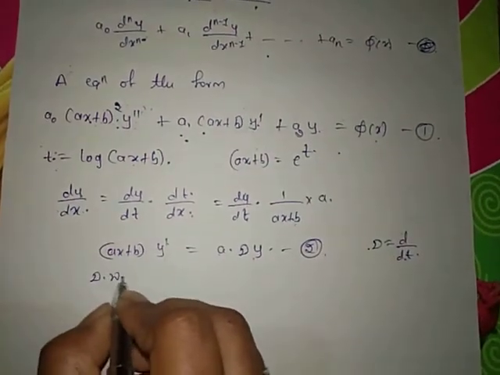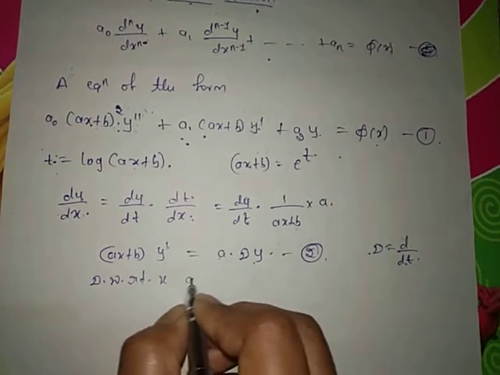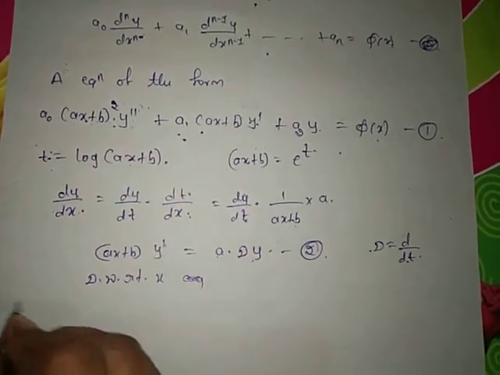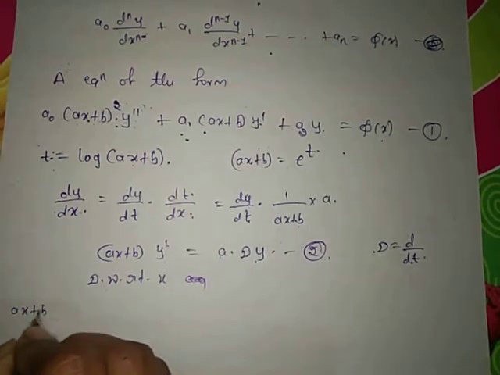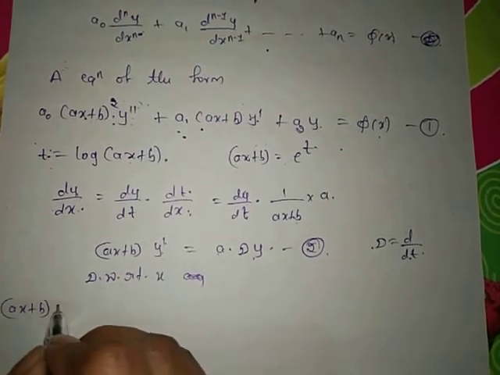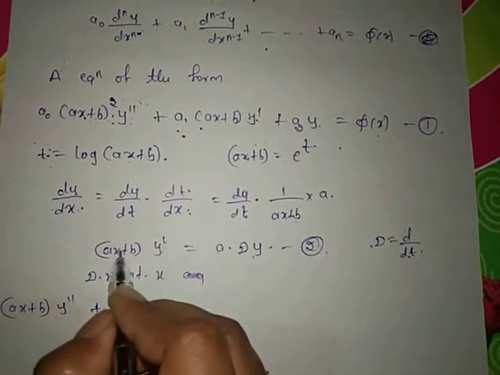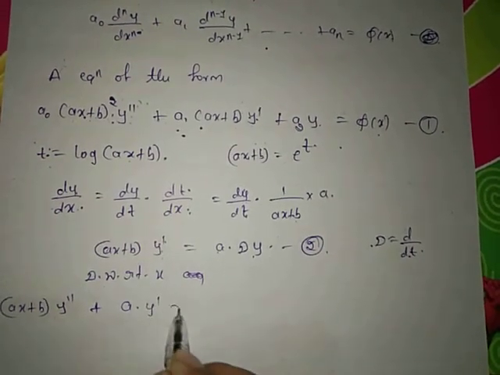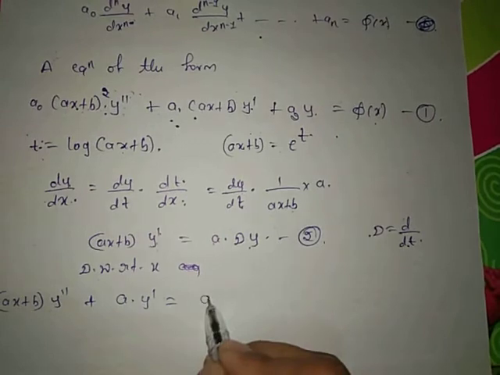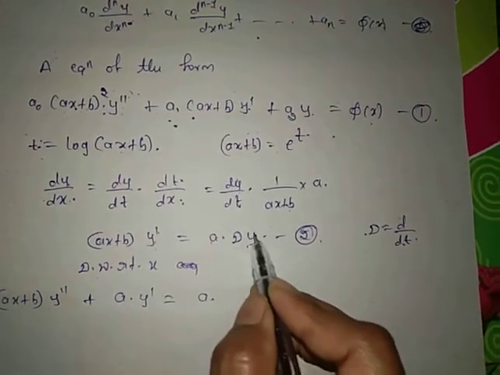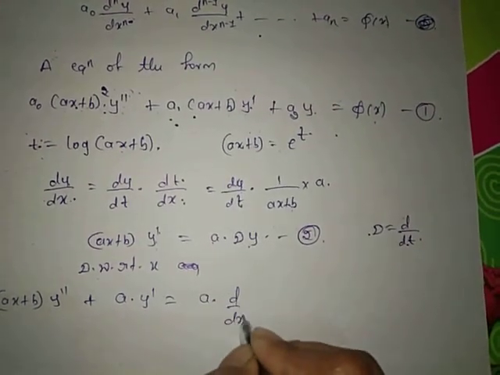Again take the differentiation with respect to x. (ax plus b) into the derivative of y dash, y double dash, plus the derivative of ax plus b, which is a, into y dash, equals a into the derivative of this term with respect to x.